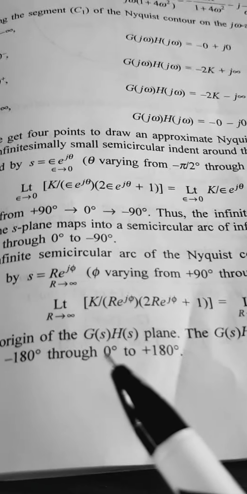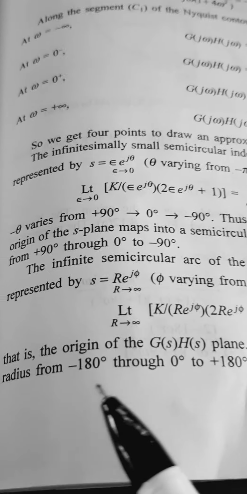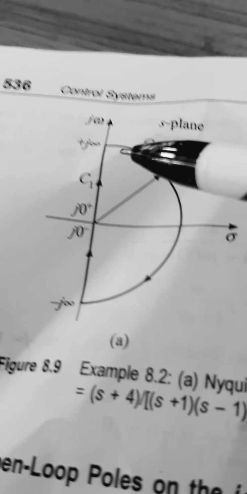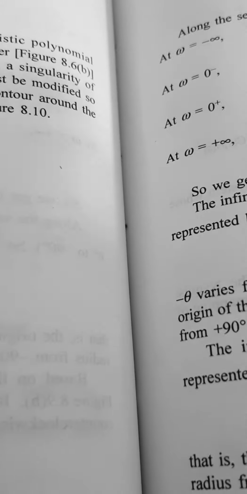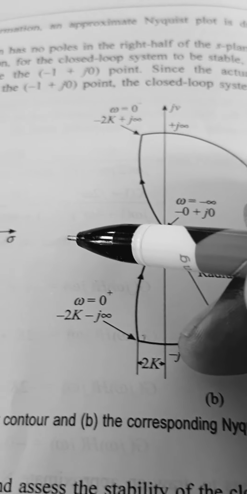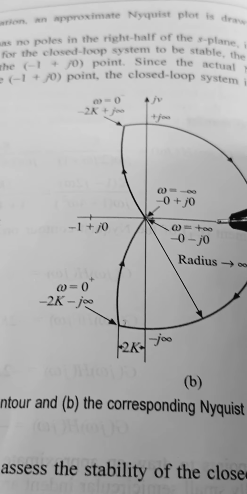So it has a magnitude of 0, going from minus 180 degree through 0 to 0 degree. So the effect of this C2 in the Nyquist plot is from minus 180 to 0, it is 0.